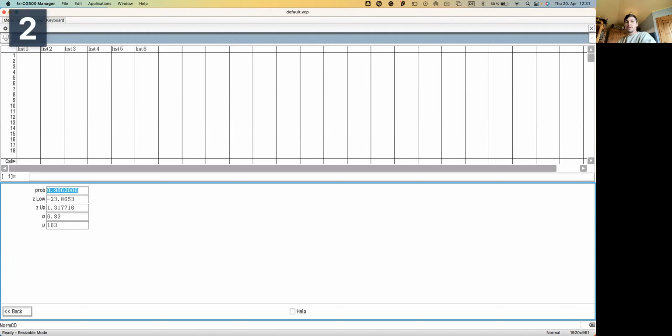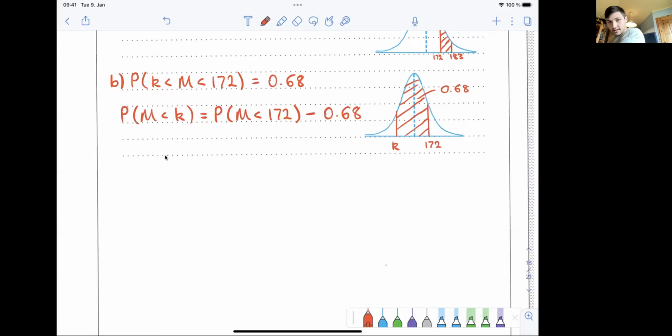So let's come back to the pad and we'll put that in. Nice. So the probability of this being less than k is equal to what we just found for this one, which was 0.9062, subtract 0.68.